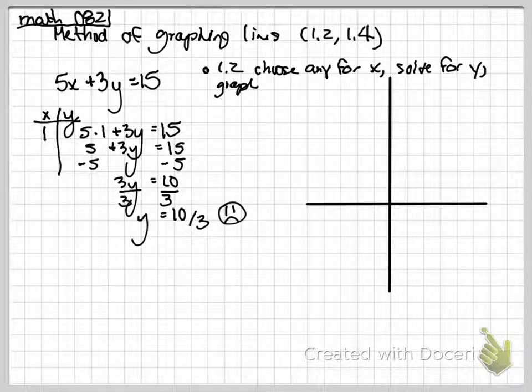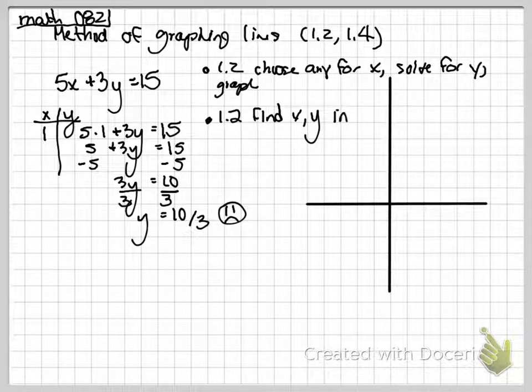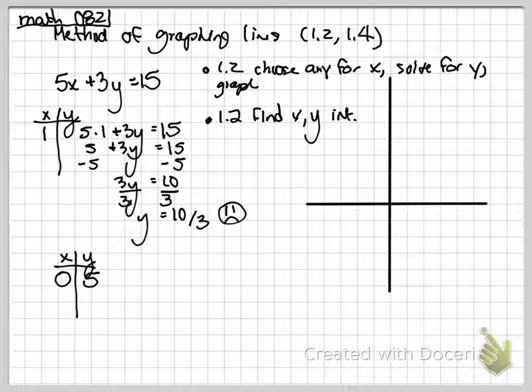The second method that we learned in 1.2 is to graph these by finding the x and y intercepts. I'm going to abbreviate x and y intercepts, okay? So to find the x and y intercepts, to find the y-intercept, we set x equal to 0. And I won't go through that. I think I did this exact same problem or a very similar one in the other video.